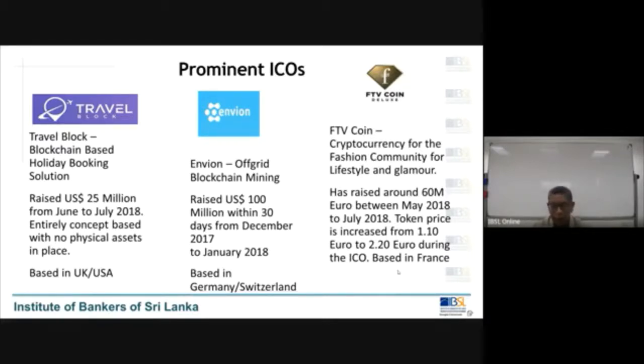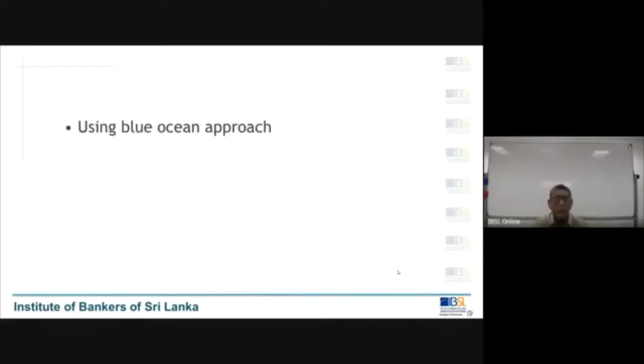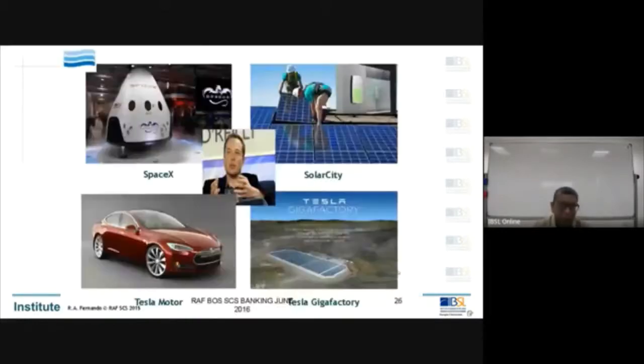So these are some examples of prominent ICOs, right? Okay, this is another method of improving. Then we have the blue ocean approach, another approach, and the theory behind this is this guy.